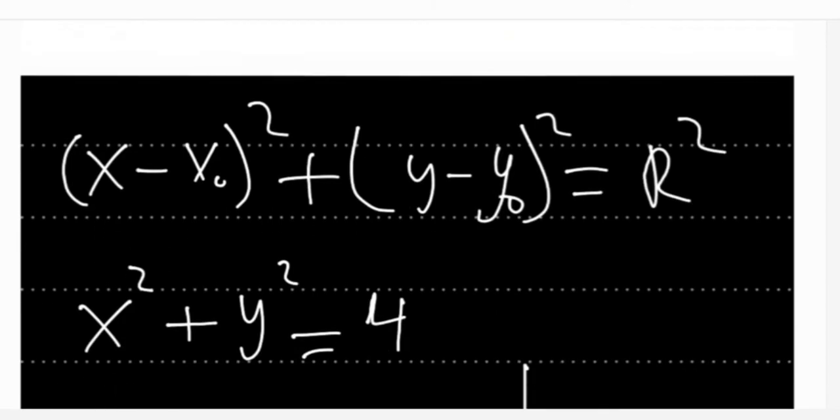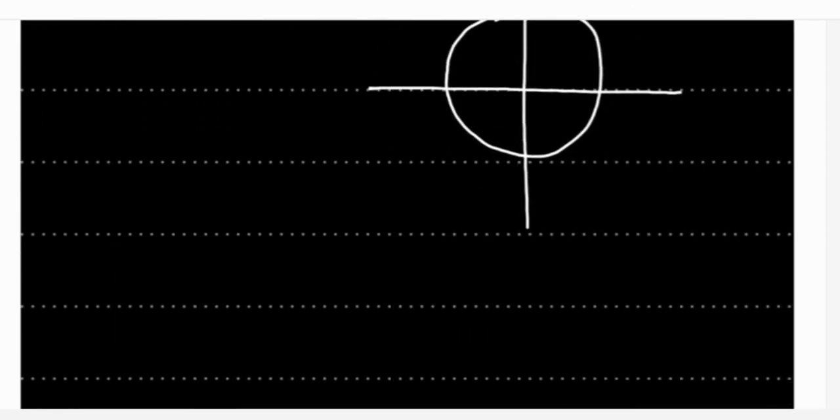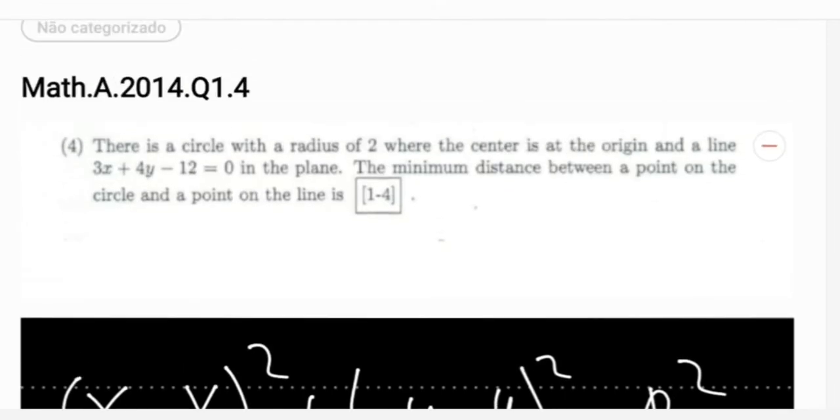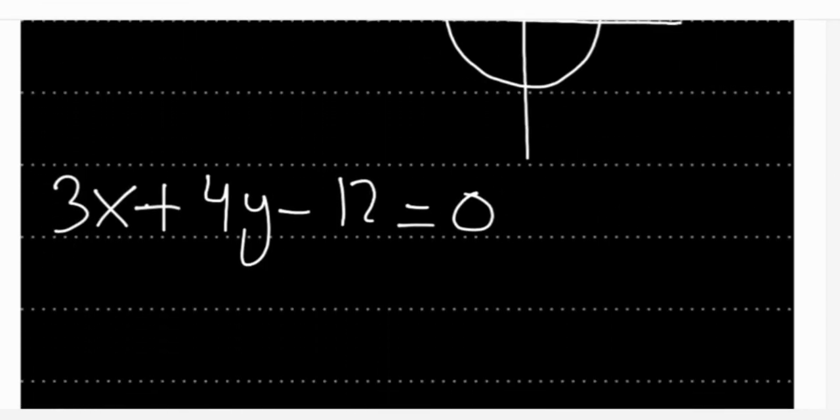So 3x plus 4y minus 12. For the line, 3x plus 4y minus 12 equals 0, right? This was our line. Yes, this was our line.